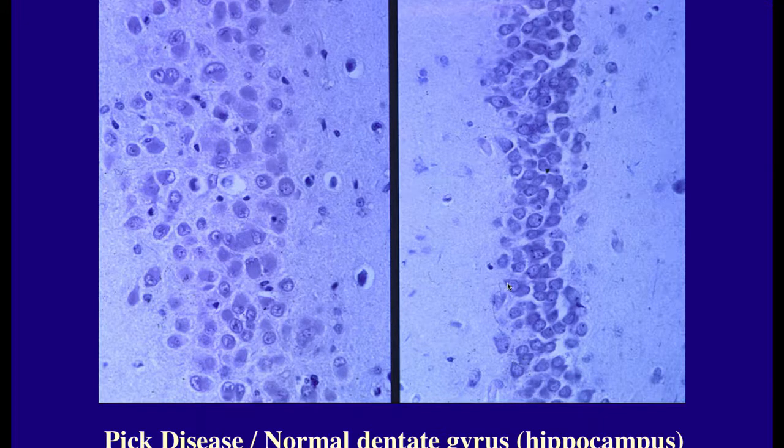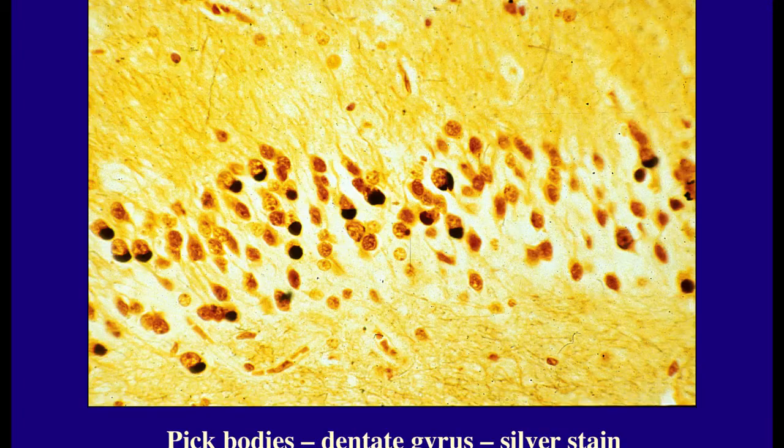And that's because there's a characteristic protein aggregate, which are Pick bodies. So Pick bodies are accumulations of tau protein. It's actually the same protein that's aggregating in the neurofibrillary tangles of Alzheimer's disease. It just so happens that these are occurring in a different neuronal population. These are in the granule neurons of the dentate gyrus, and they often appear as these round cytoplasmic aggregates.